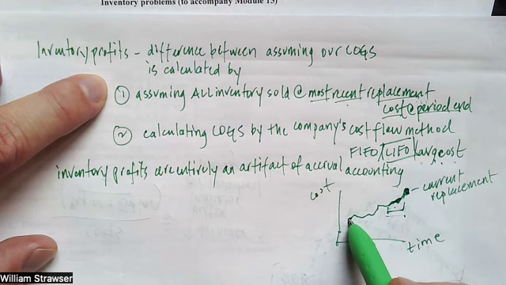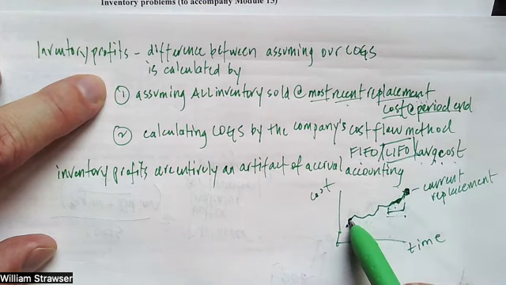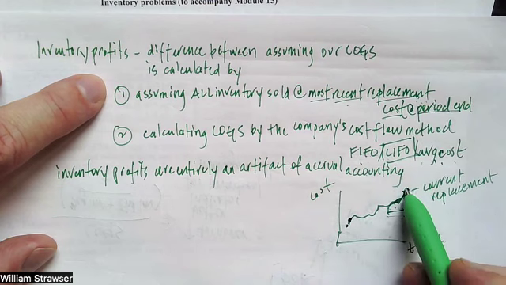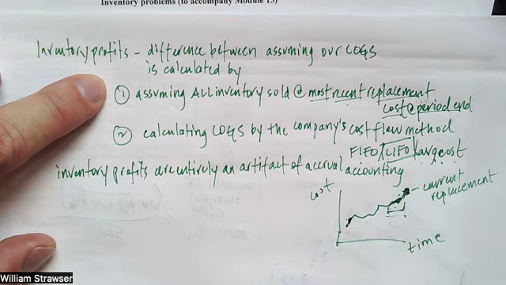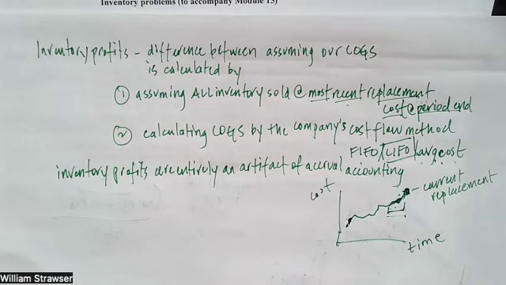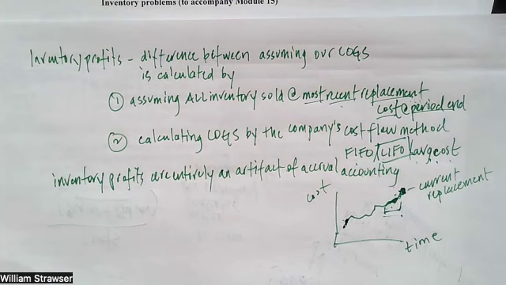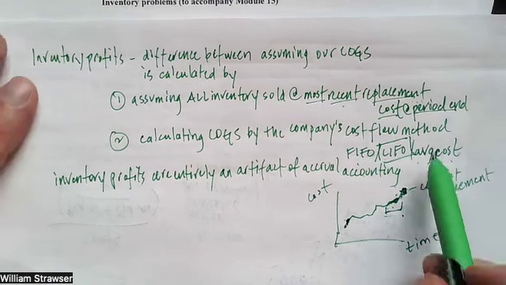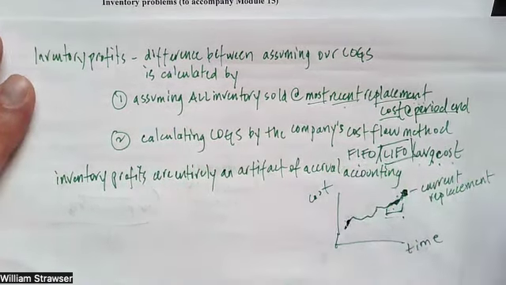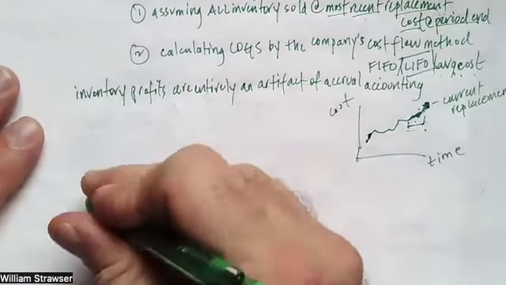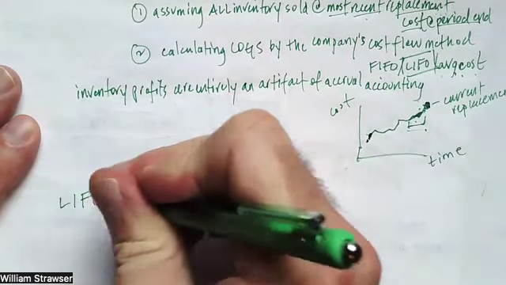And taking these older costs because FIFO assumes we sold the oldest stuff first. And so that would produce a substantially higher value of inventory profit than LIFO would. So that's inventory profits, or the idea of inventory profits. How it applies to LIFO liquidation is basically this calculation is used. LIFO liquidation is undesirable. That's something that we need to understand.